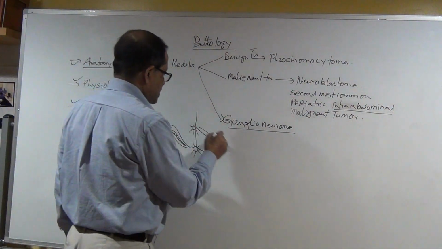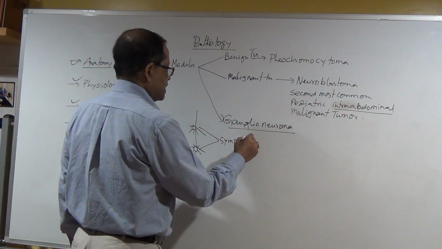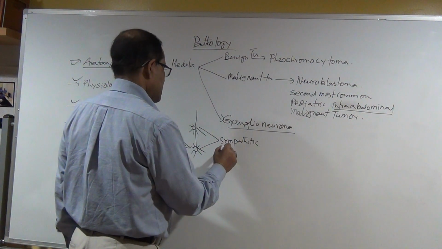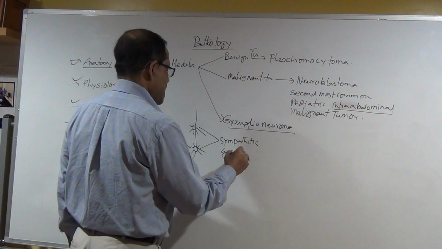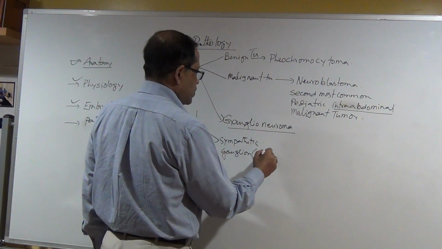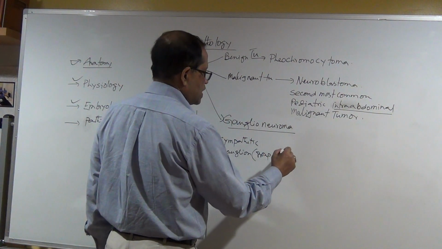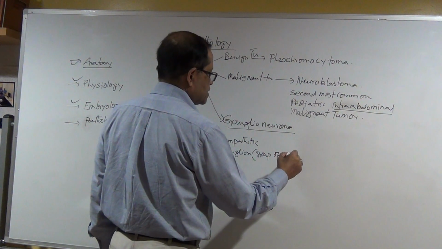A ganglion is a group of nerve cells, sympathetic nerve cells.